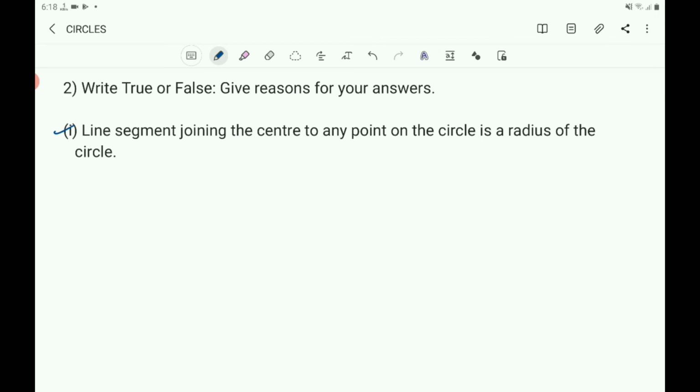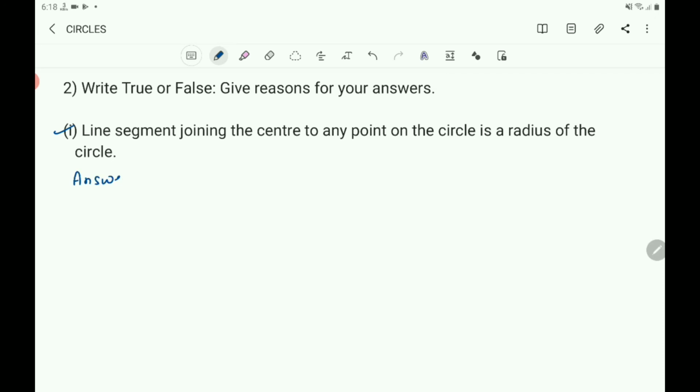You know that in a circle all the points are equidistant from the center, and line joining the point on the circle to the center is called the radius of the circle. So you can say that it is a true statement.